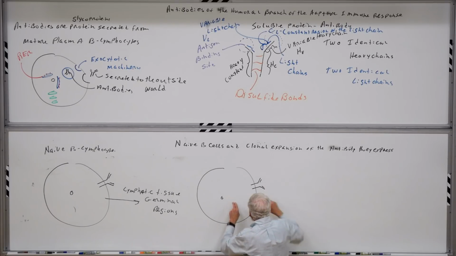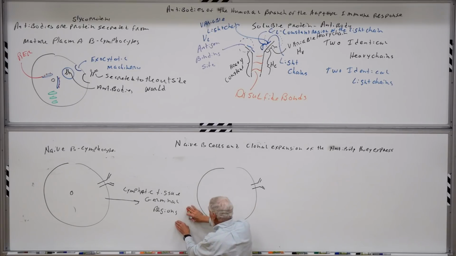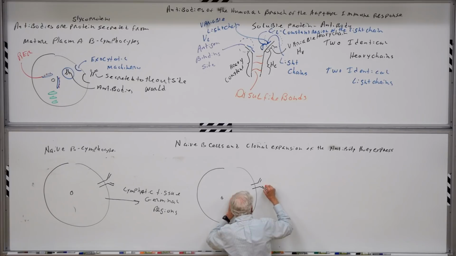They're out in the world, and they have a window of time. They have about 10 days to 2 weeks to bind a foreign protein specifically. If they never find that foreign protein, if they don't bind anything out here in 10 days to 2 weeks, they die.